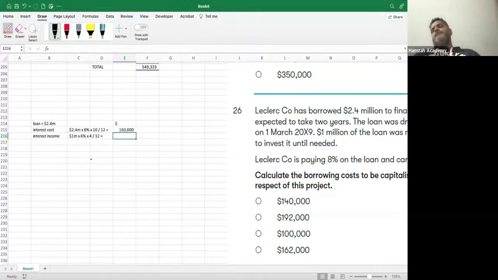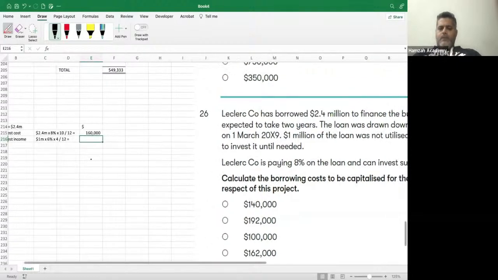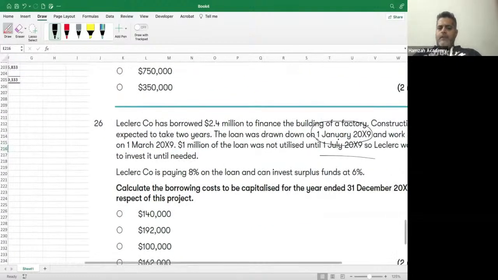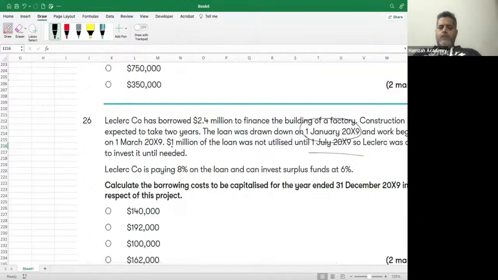Out of this 2.4 million, 1 million was not required until 1st July, that is 30th June. So from January 1st to 30th June, it's 6 months. Shouldn't I have capitalized it for the 6 months? I need your answer.